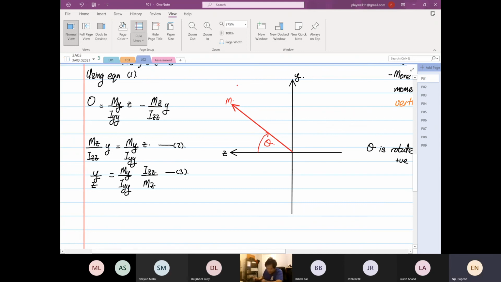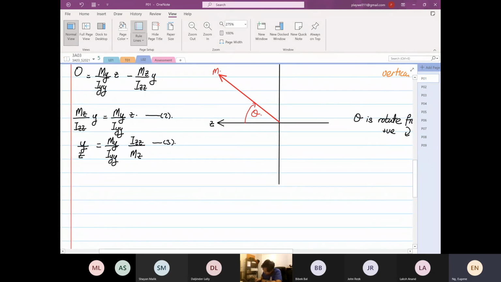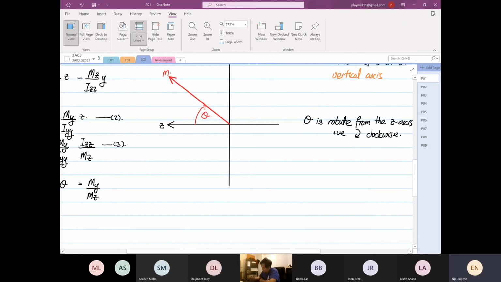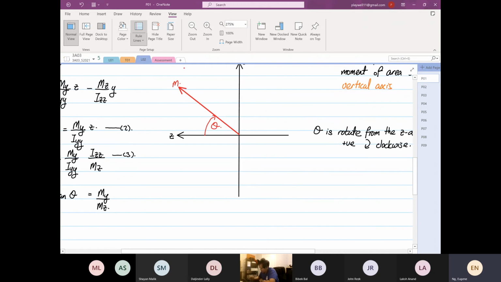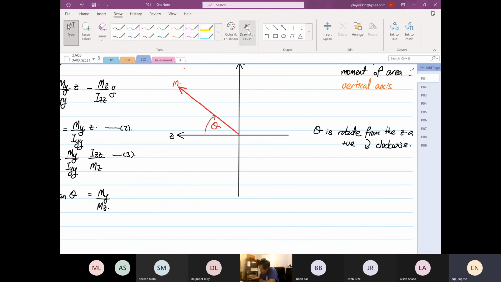Okay, and note this. Okay, we're gonna let tangent theta is equal to My over Mz, right? So where did this expression come from? Okay, so you can see over here from our vector diagram, right? We will know that M. So I'm going to sketch our My.